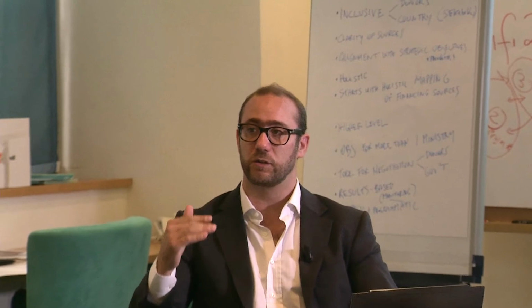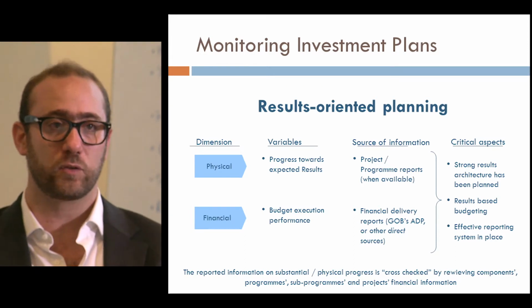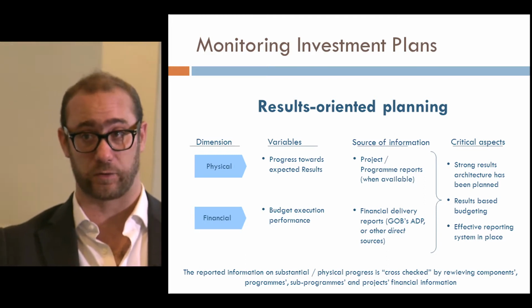But we also want to measure the financial dimension of that. How much did it cost us to achieve that? We had in the previous slide stated the principle that we need to budget according to the results that we expect to achieve.